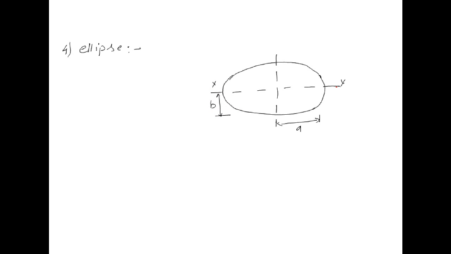The axis xx and the axis y. This is the centroid of this plane area. Now if we want to find out the Ixx, or the moment of inertia of this lamina about the axis xx, it will be pi a b cubed by 4, and about the axis y it will be pi b a cubed by 4. So this is about the ellipse.